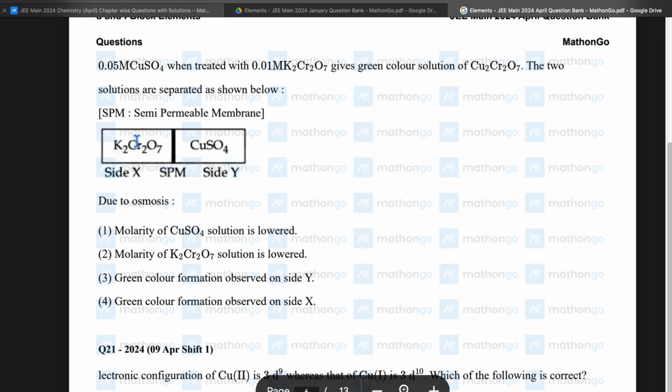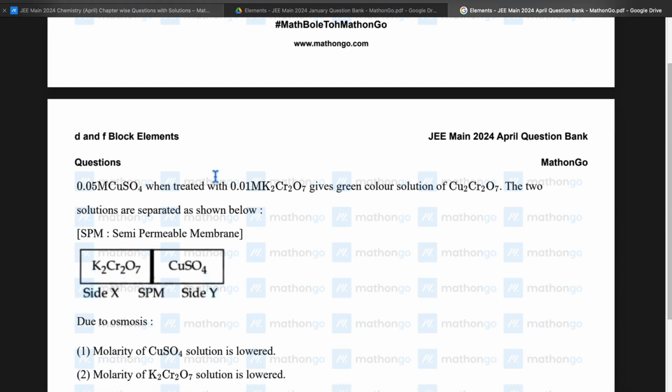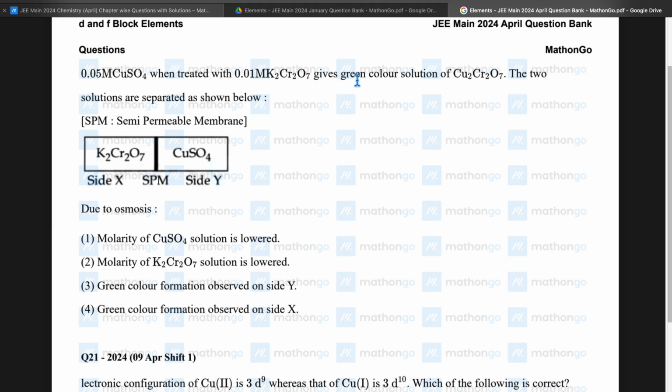K2Cr2O7 कांसंट्रेशन बहुत कम है. So obviously SPM won't allow either K2Cr2O7 or copper sulfate to pass through semi-permeable membrane. So there is no formation of Cu2Cr2O7. So this is not possible, right? So option 3, 4 are eliminated. Why? Because the solute won't move.